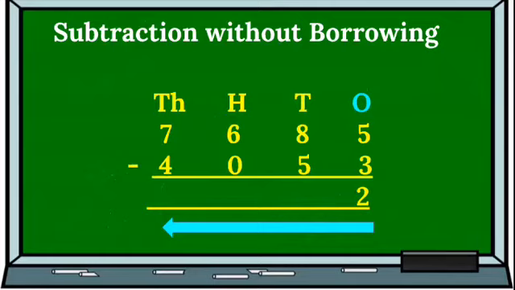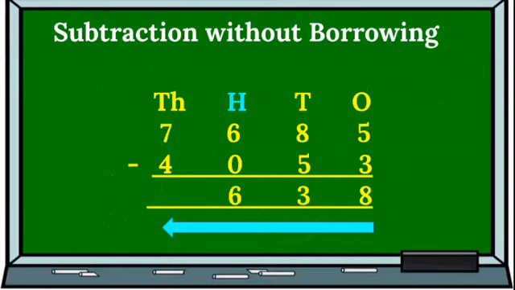We move to the tens, we see we have a larger number on top and a smaller number below. So 8 take away 5 gives us a difference of 3. Move on to the hundreds. Larger number on top, smaller number below. 6 take away 0 gives us a difference of 6.